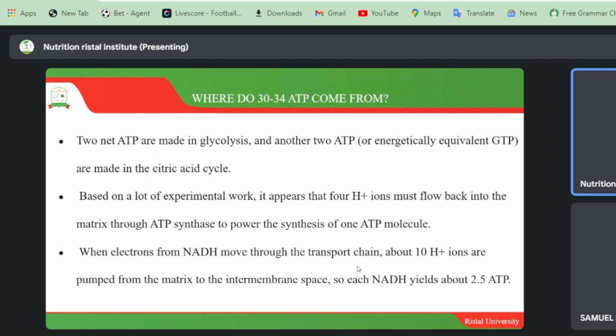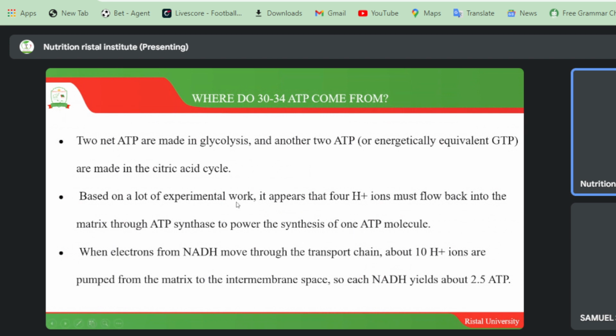We have to agree that four ATP molecules are produced during glycolysis, but two are used at the beginning. So we'll have two ATP molecules as the net, that is 4 minus 2.